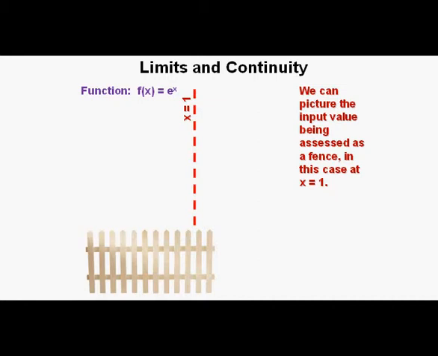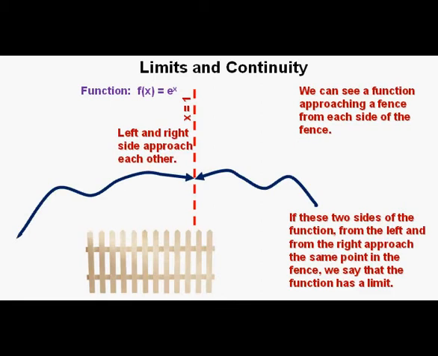We can visualize the input value being assessed or evaluated for a limit as we would a fence, in this case a vertical fence. If these two sides of the function, from the left side and from the right side, approach the same point in the fence, we say that the function has a limit for, in the case of f(x) = e^x, an x value of 1.